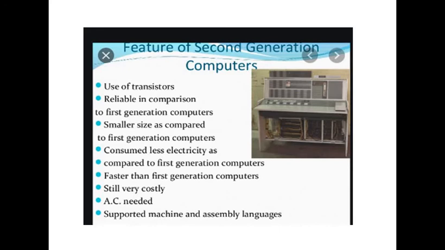ACs were required, and the languages which these computers understood were machine language and assembly language. So from the first generation to the second generation, what has changed is the size and the circuit. These are the two most important things which changed in the second generation. So transistors are used, the size was very small, and electricity consumption also reduced. But apart from that, it had almost the same characteristics.